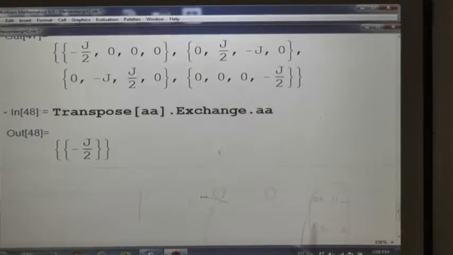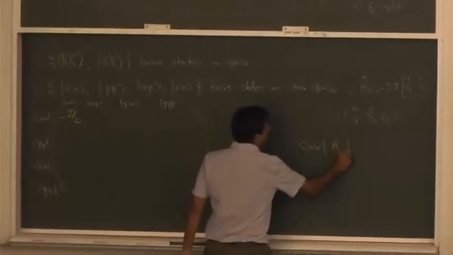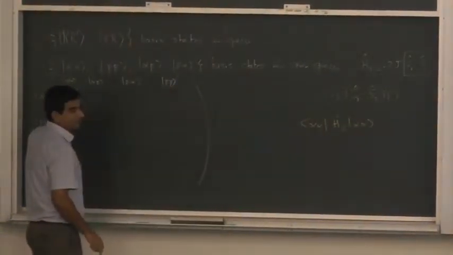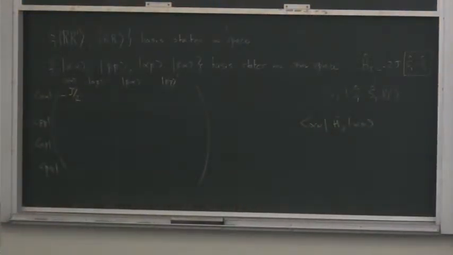So this will give me the first term, minus J by 2. I put this term in here. What I've calculated is this term, alpha alpha H J alpha alpha. This is this inner product. I calculated this and put it here.